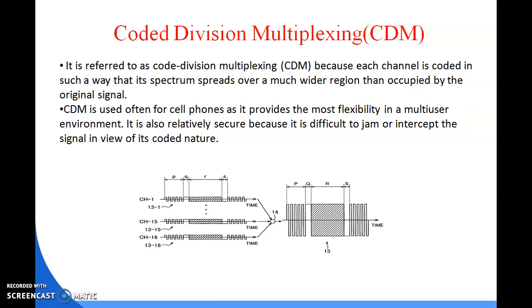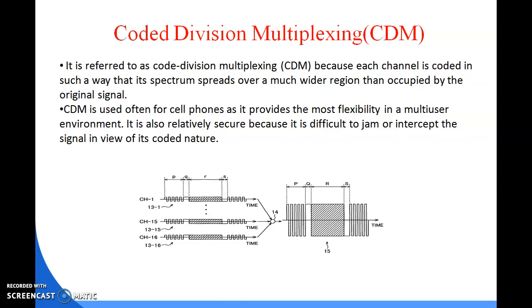Clear now? Generally our original signal capacity is very low, and the area it occupies is very small, so to strengthen that original signal, this coded division is another method through which you can increase the spectrum area in your communication system.